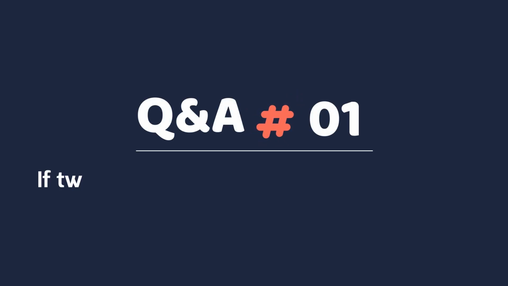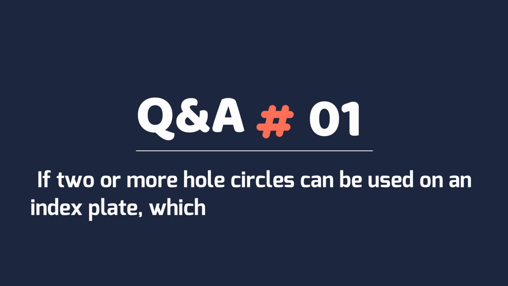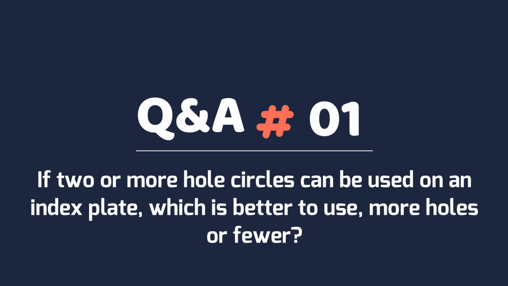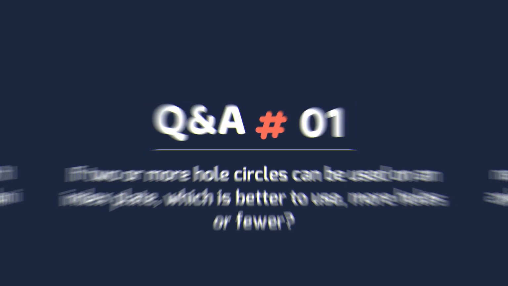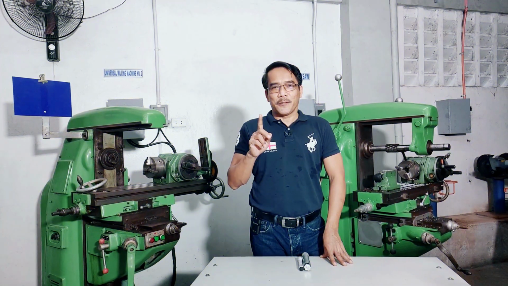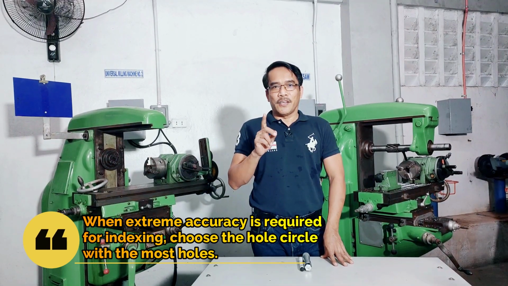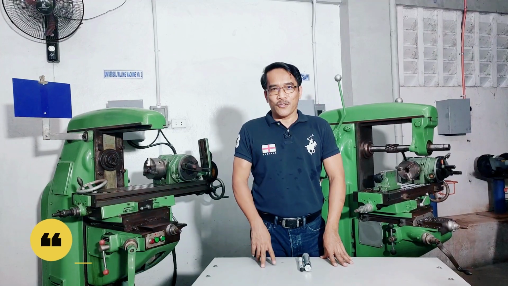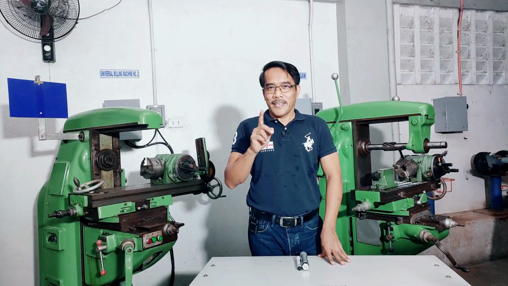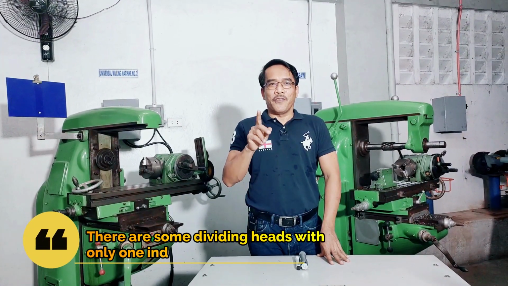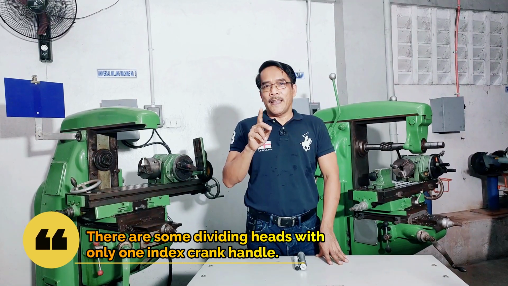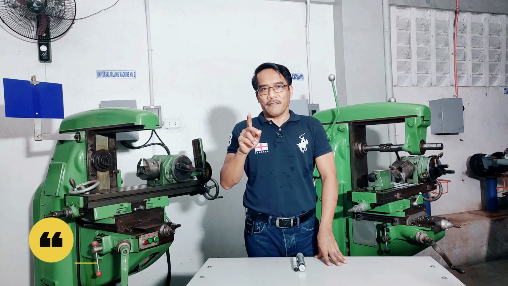Prof. Johnny, kung 2 or more whole circles ang pwedeng gamitin sa isang index plate, alin ang mas magandang gamitin? Yung mas maraming holes o yung mas konti? According to some experts, when extreme accuracy is required for indexing, choose the whole circle with the most holes. This is true. At hindi lang yan. May mga dividing head na isa lang ang handle sa index crank.